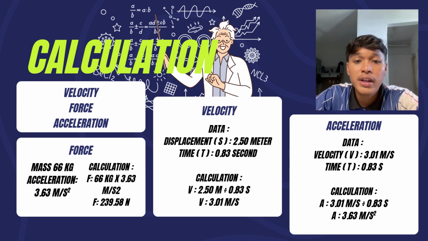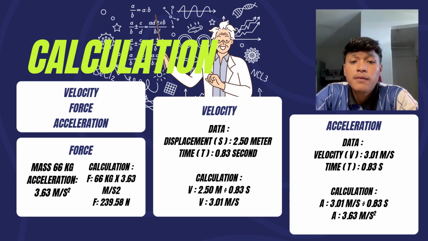So we divide velocity by time, which is 3.1 meter per second divided by 0.83 seconds. So we get the answer 3.63 meter per second squared. This tells us that the object's acceleration is 3.63 meter per second squared when it reaches a velocity of 3.1 meter per second in 0.83 seconds.